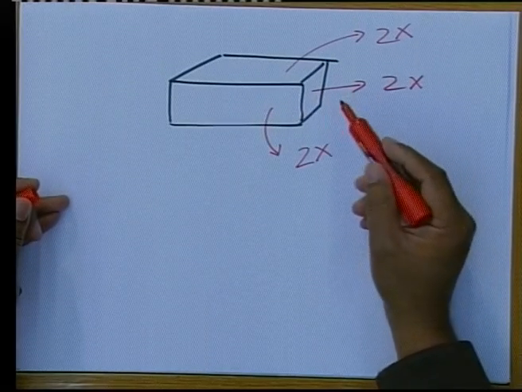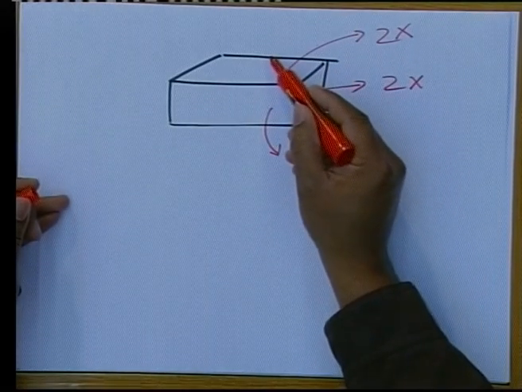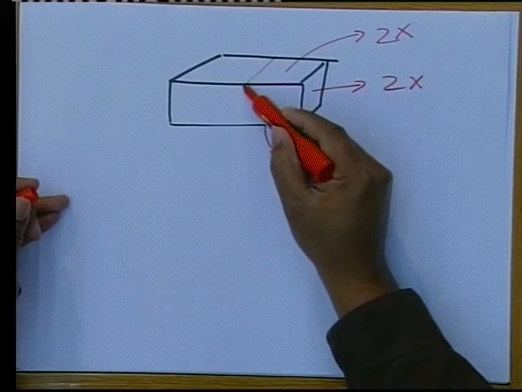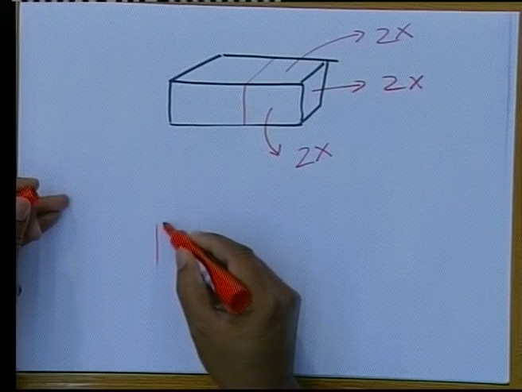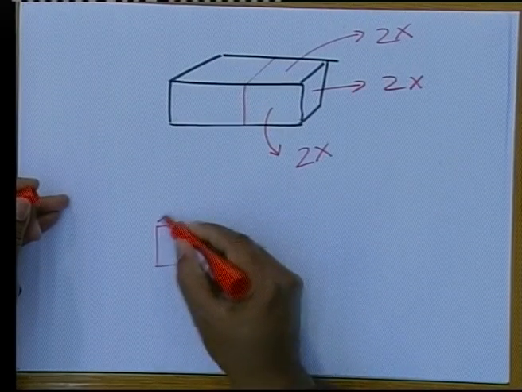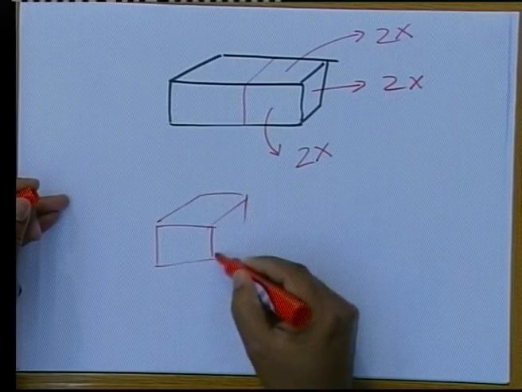If I should now go and break this into 2 pieces, so I break it in half, I will find that now I end up with 2 blocks like that.